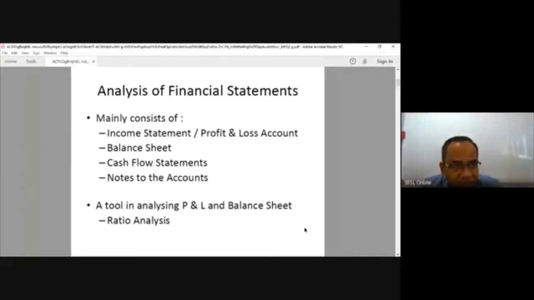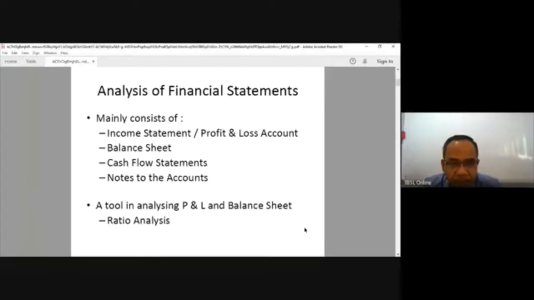What is the breakdown of these? What does it consist of? All those things are available in those notes. So notes are also a very important part of the set of accounts, right? Normally these four are the important parts of final accounts, right? Whenever you are analyzing the accounts of a customer, you need to have a set of this, right? From this only you will be analyzing, right?